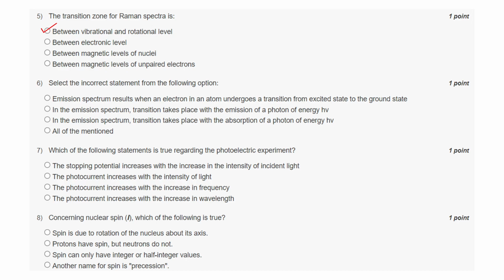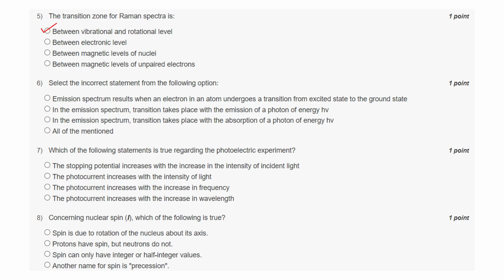Now, question number six. Select the incorrect statement from the following options. First, what is the statement given? That emission spectrum results when an electron in the atom undergoes a transition from excited state to ground state. This is actually a correct statement.